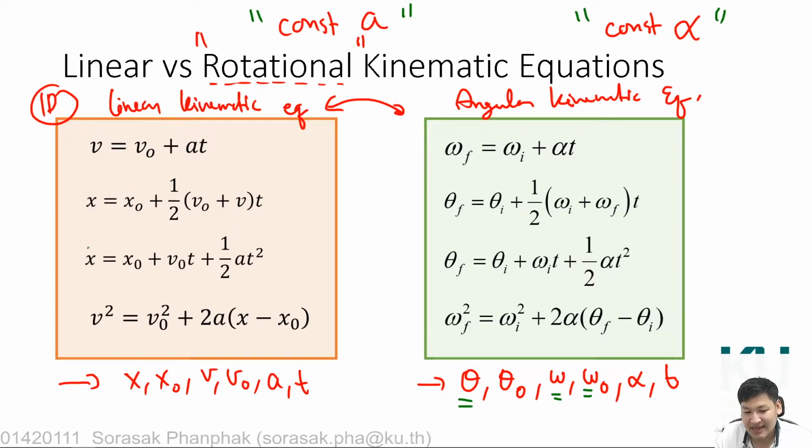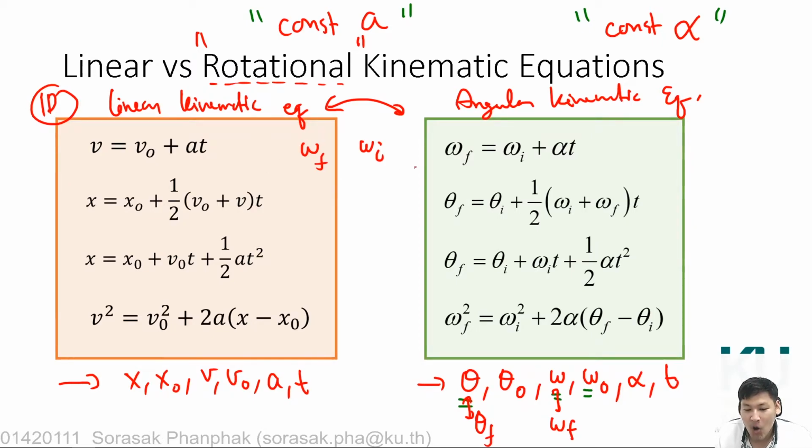So it is exactly similar, and to derive it, you just take the linear relation and substitute omega f instead of v, and omega i for v zero. What I'm writing, I use omega or omega f, which is interchangeable, and likewise theta or theta f if you want.